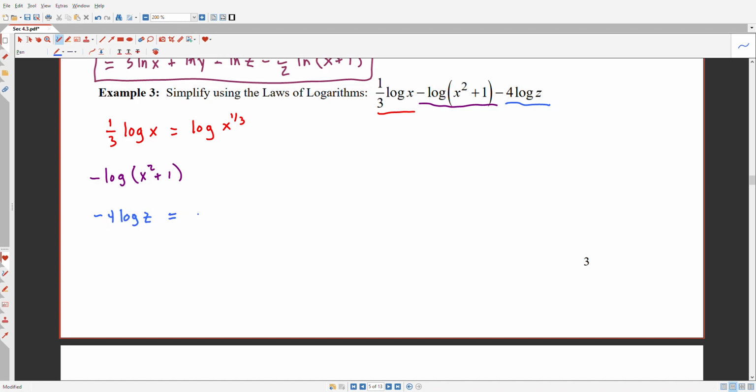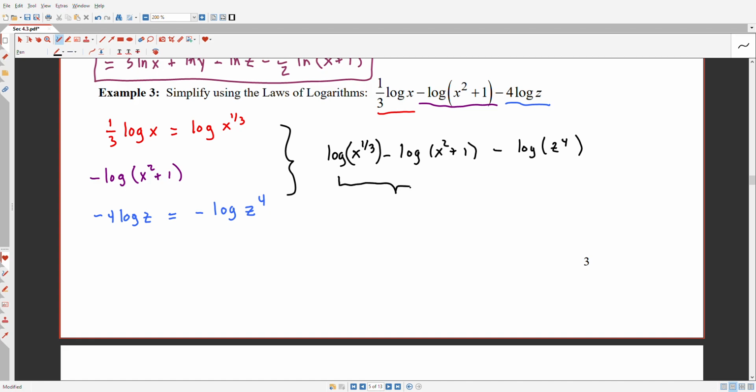And of course I can write that 4 as a power. So when I combine all these together, my expression is log of x to the 1/3 power minus log of x squared plus 1 minus log, I'll put parentheses there, of z to the 4th.